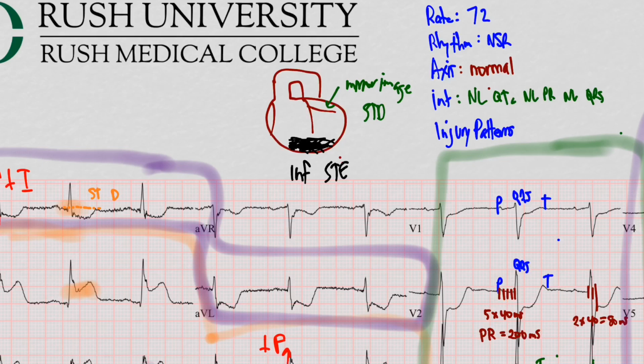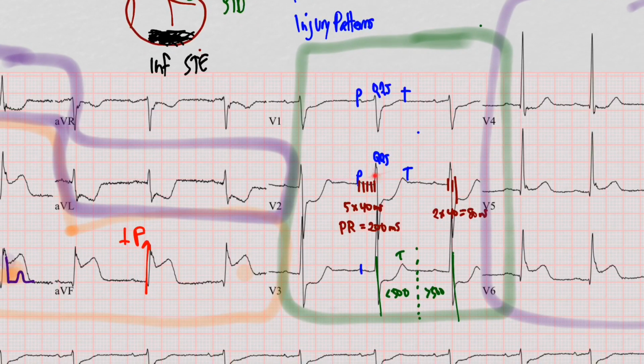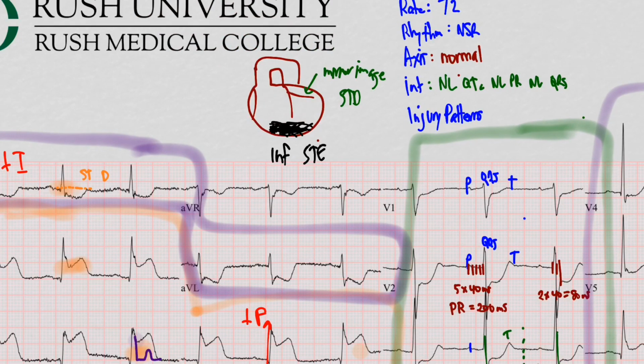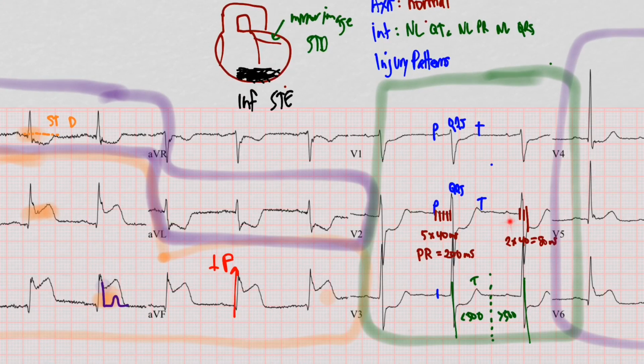It's like looking in the mirror. If you're at the top, if you're at the bottom, what is the opposite of bottom? Top. What is the opposite of ST elevation? ST depression. So we see that happening over here. And we also saw that it was kind of happening over here in these anteroseptal leads, so maybe in the front, so maybe this is actually extending to the back some too, because we're seeing the mirror image changes here.